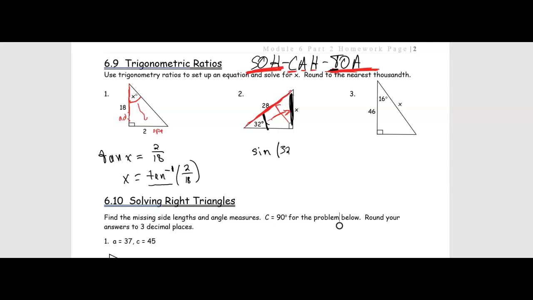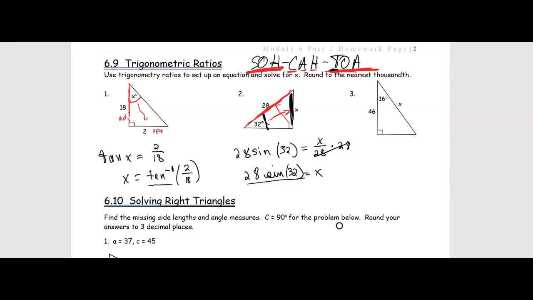So we're going to do the sine of 32 degrees, because that's our angle. That would be the opposite side of x over your hypotenuse of 28. Multiply both sides by 28, so these will cancel, and x would equal 28 times the sine of 32 degrees. All right, and then again, take out the calculator, throw that in there, should give you your answer.